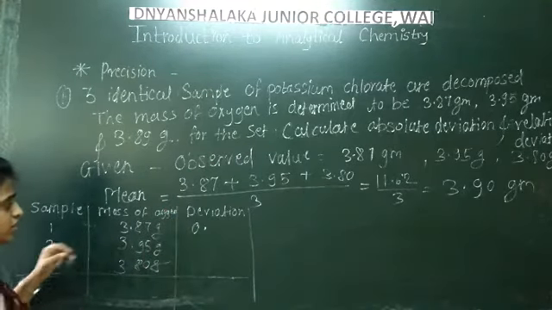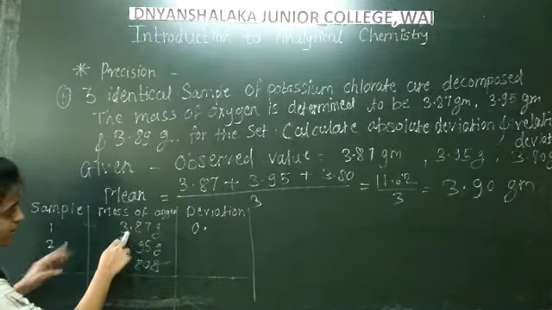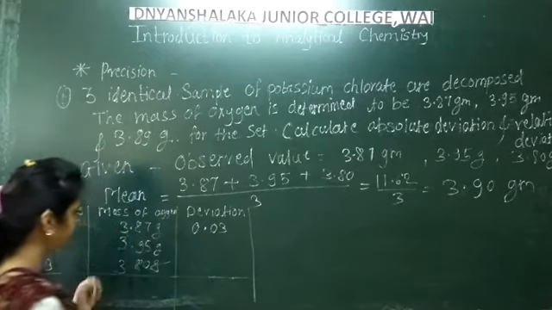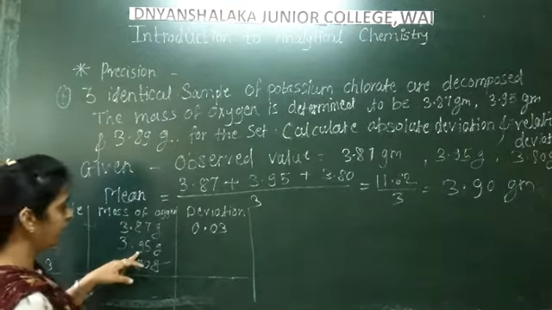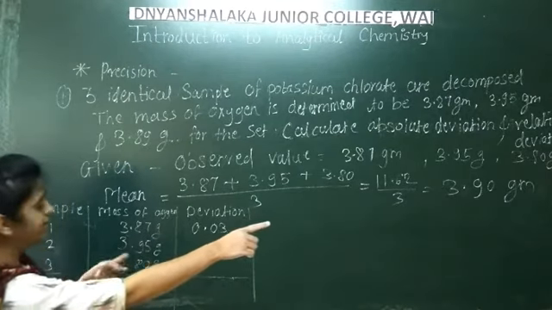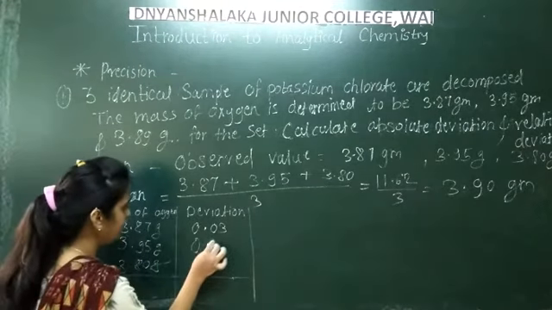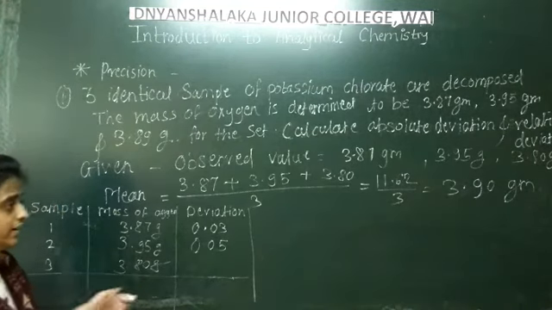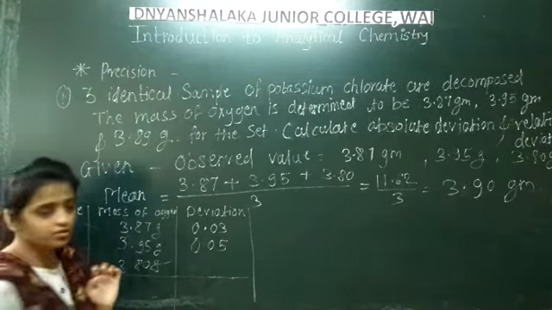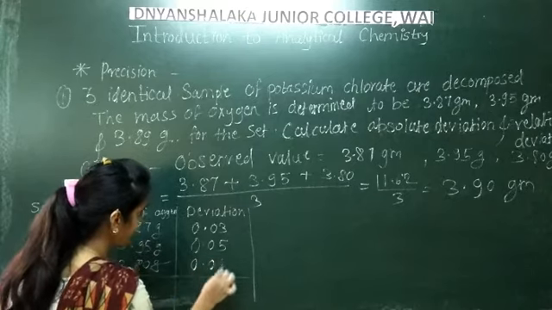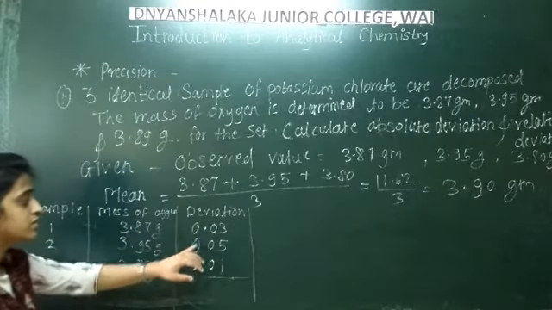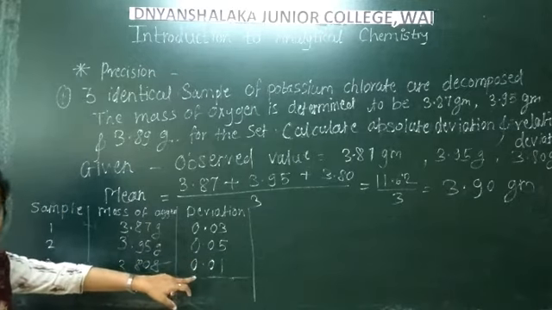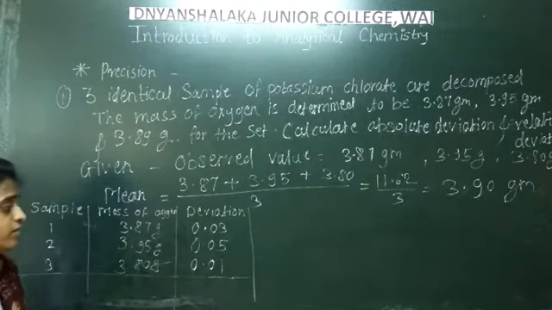Deviation: 3.90 minus 3.87 is 0.03. Next second sample, 3.95 minus 3.90, we get deviation 0.05. Next 3.80 minus 3.90, so 0.01 gram. So deviations are 0.03 gram for the first sample, 0.05 gram for the second and 0.01 gram for the third.